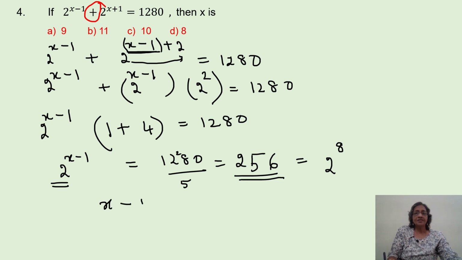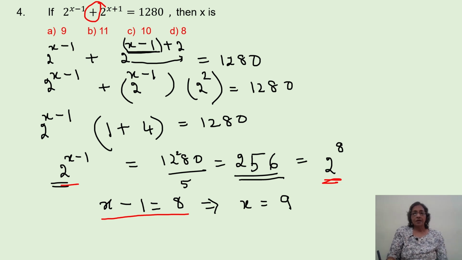So my index numbers are going to be equal, and I'll get x equal to 9. What we have done in this step here is we have got the bases the same, so index numbers will be equal, and the correct option is the A option.